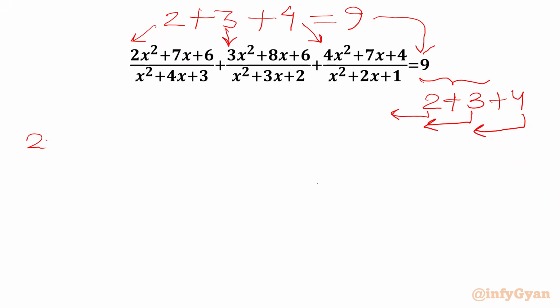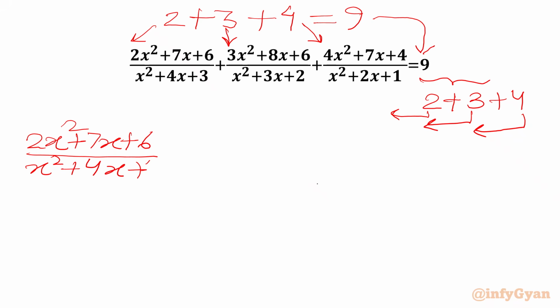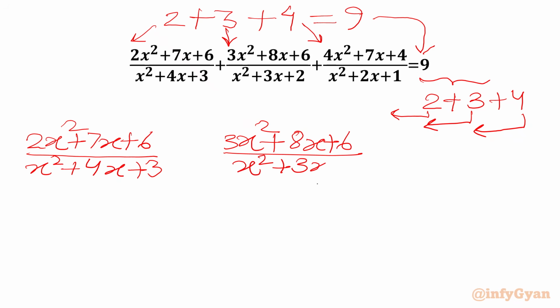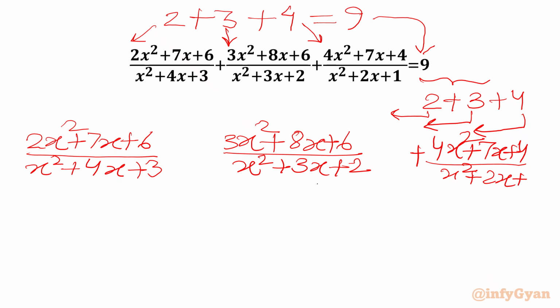So we will write our equation: 2x square plus 7x plus 6 over x square plus 4x plus 3, then the second term, 3x square plus 8x plus 6 over x square plus 3x plus 2, then 4x square plus 7x plus 4 over x square plus 2x plus 1.